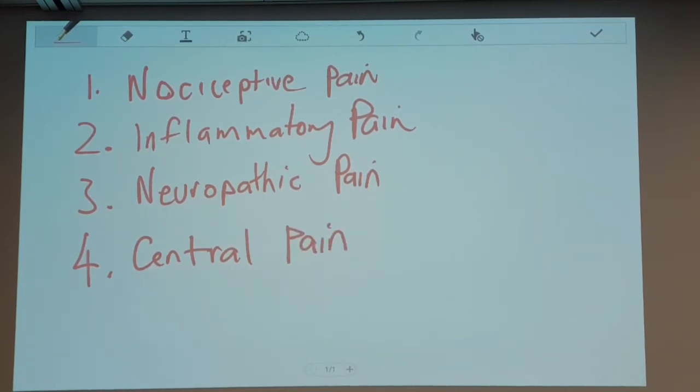And in terms of a basic understanding, nociceptive means that a nociceptor is a receptor that transmits a sensory signal. Okay, so it's just a receptor in any part of your body.